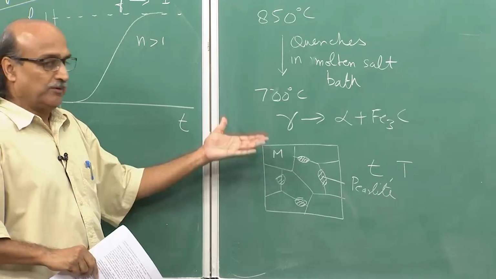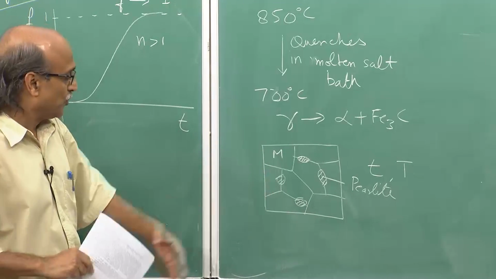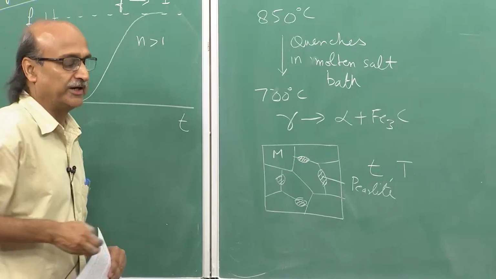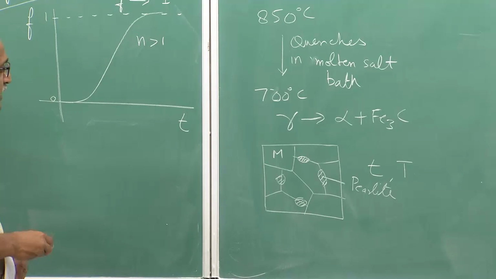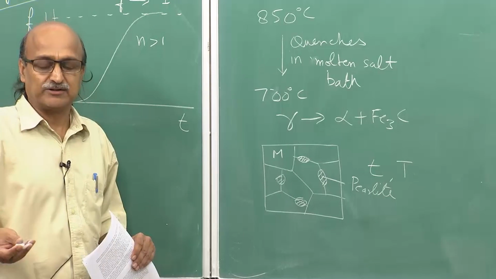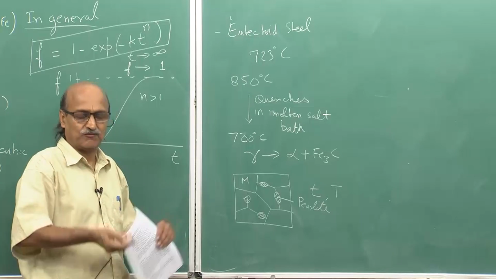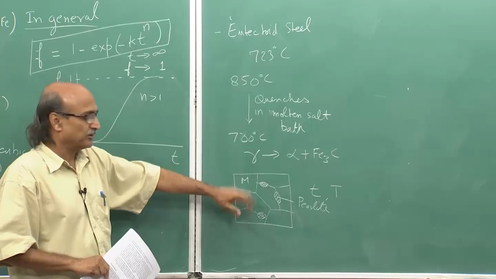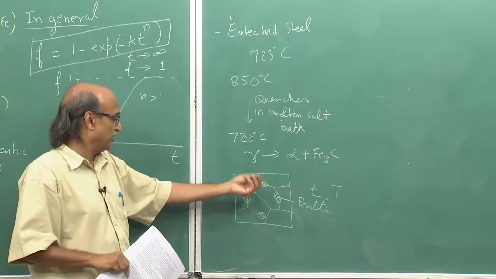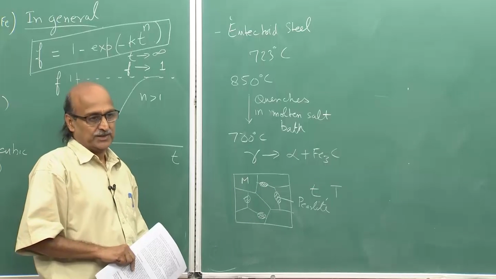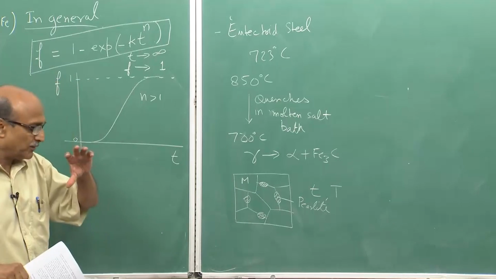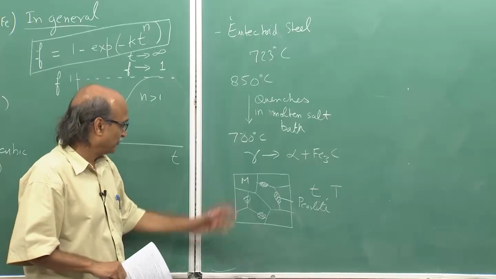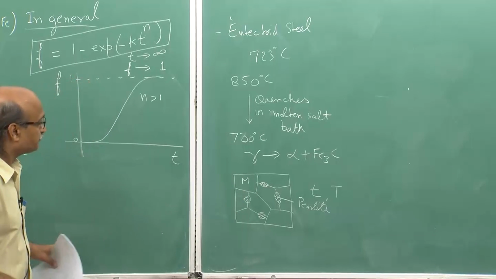One will take this sample, polish it, put it under a microscope, and then determine what is the volume fraction of pearlite that is there. That can be determined by standard stereological technique of, for example, simple point counting, that you put a grid of points and count the number of points falling inside pearlite. That number divided by the total number of points I have superimposed would give me an estimate of the volume fraction of pearlite.